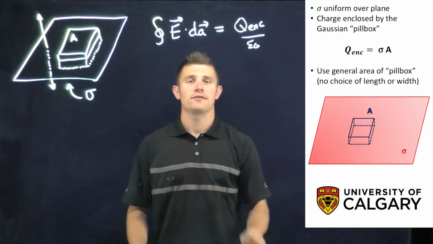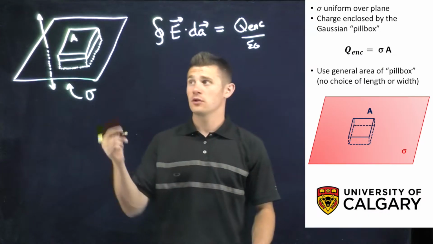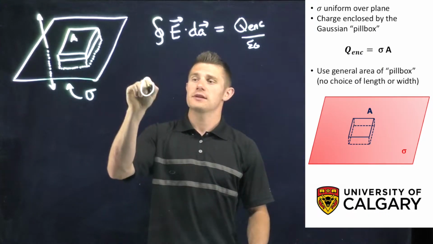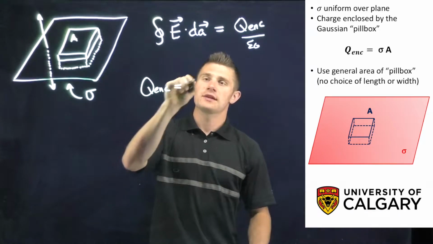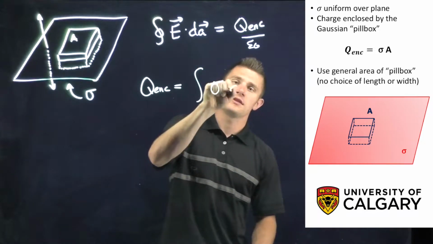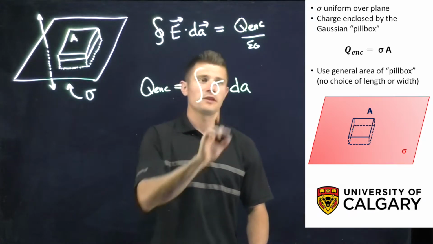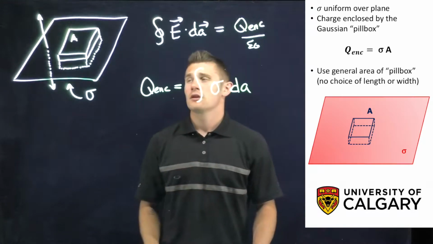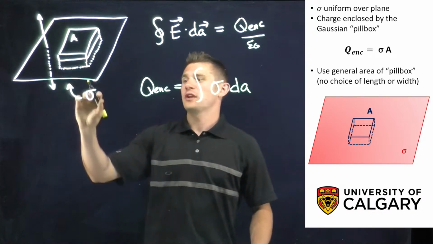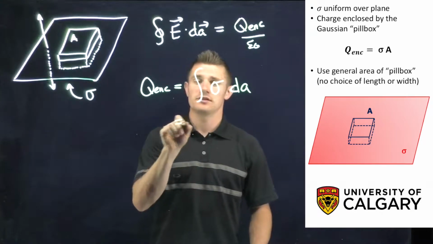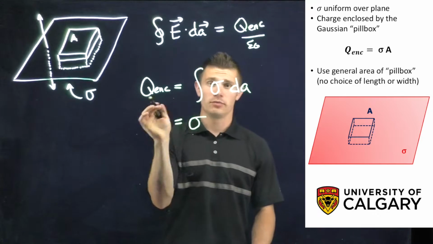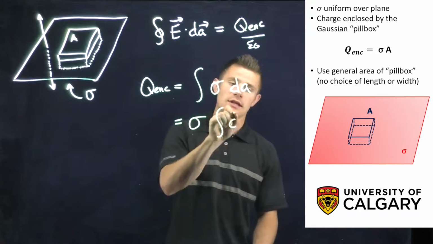Let's start with the right-hand side of this equation. So we want to find what the enclosed charge by this Gaussian pillbox is. So we can say that the enclosed charge is the integral of our charge density sigma over the infinitesimal area dA. So by looking at this charge distribution, because sigma is uniform over the entire plane, we can pull it outside of the integral dA.